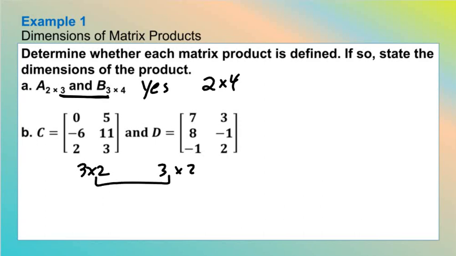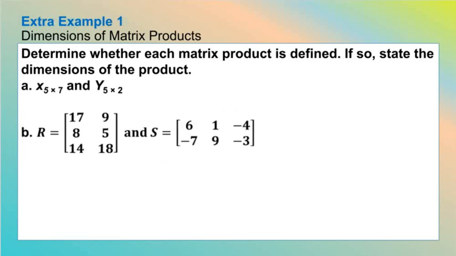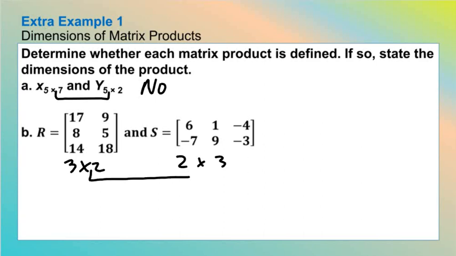The middles are not the same, so no, I cannot multiply, it's undefined. Next, these middle two are different, so no. This one is a 3 by 2 and this one's a 2 by 3. The middle numbers are the same, so my answer is going to be a 3 by 3.